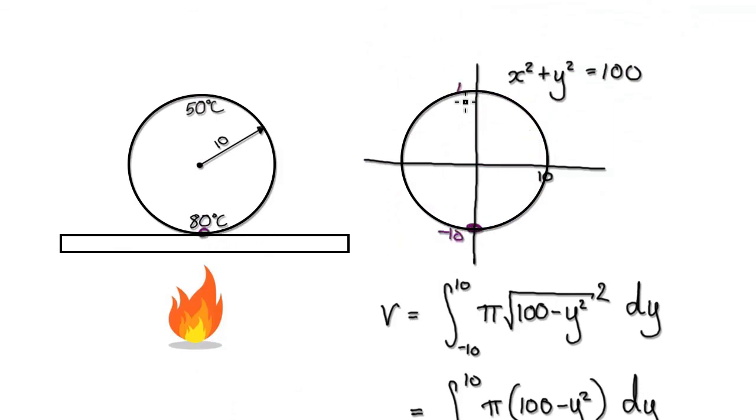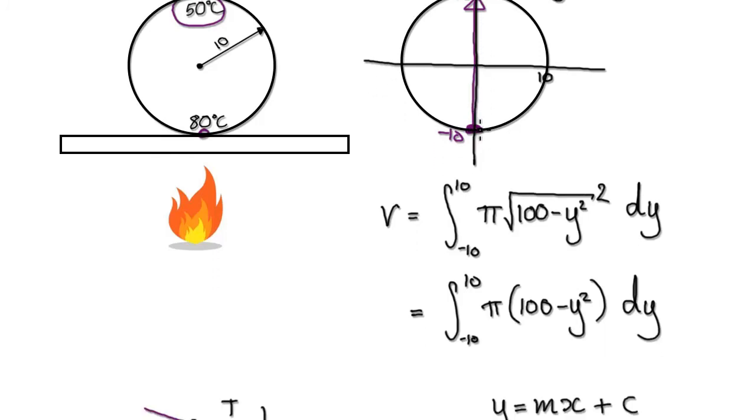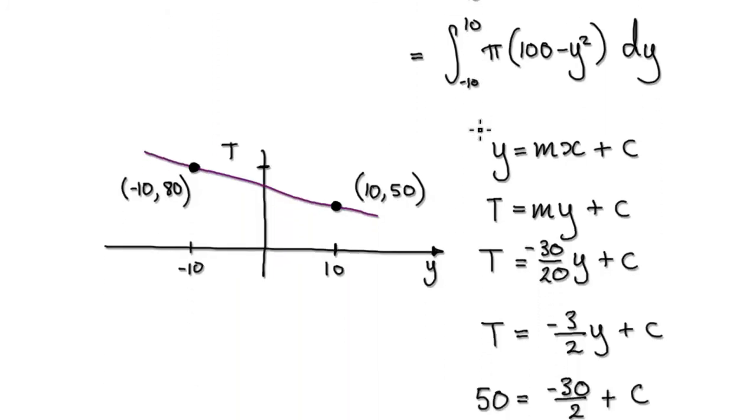When y is positive 10, the temperature is 50. From here to here, there will be a smooth transition. So anything in between will be a smooth transition.